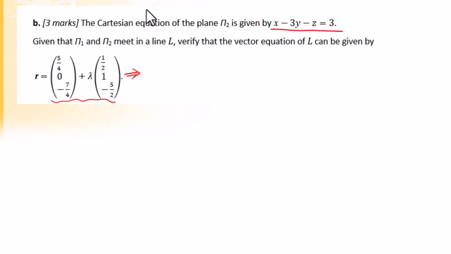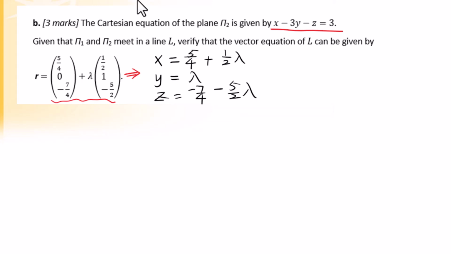We will change this equation into parametric form. x equals 5 over 4 plus 1/2 lambda. y equals lambda. z equals -7 over 4 minus 5 over 2 lambda.